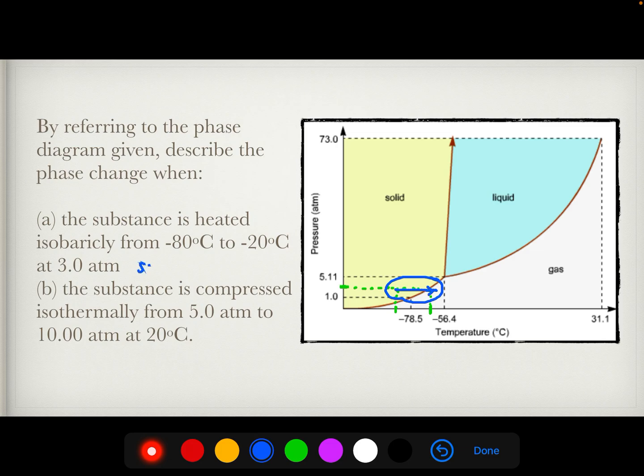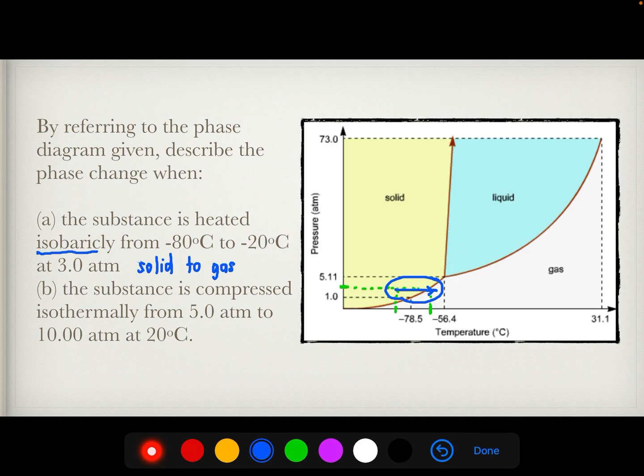So the answer is from solid to gas, or to vapor. So that is the phase change. Isobaric means at constant pressure, so the pressure should be constant.